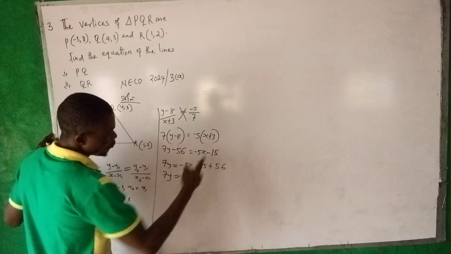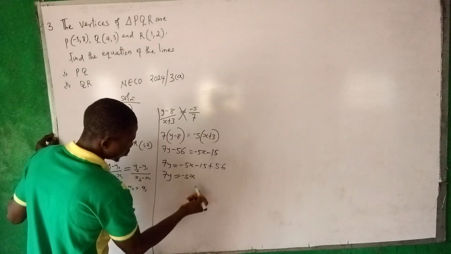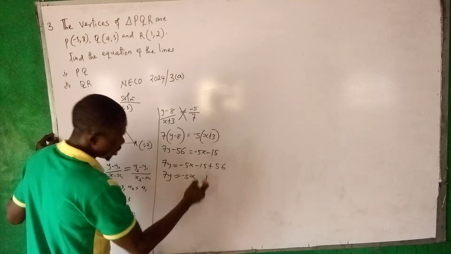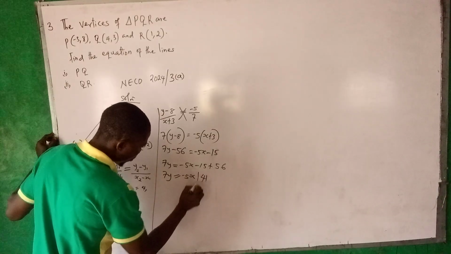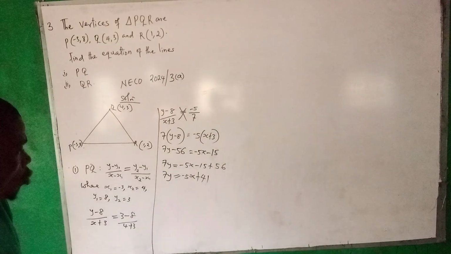That is to say 56 minus 15, so 6 minus 5 is 1. Are you following me now? 5 minus 1 is 4, and I have to put plus. So 7y = -5x + 41. This is the equation we are looking for.